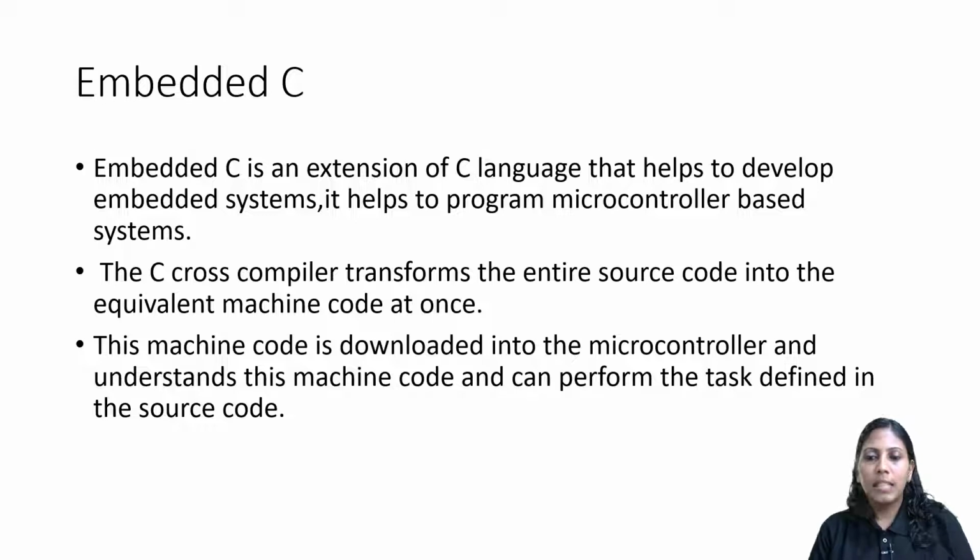And we will be using something called cross compilers. What I mean by cross compilers is this: when we write the embedded C program, we always write it on our own system, that means on the host machine.